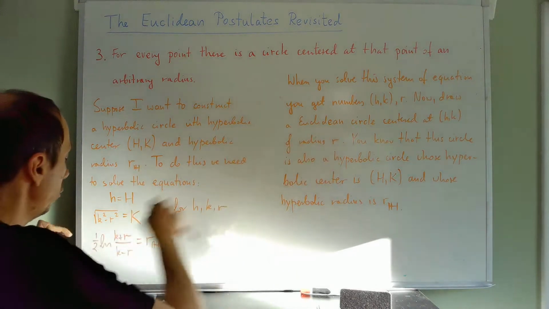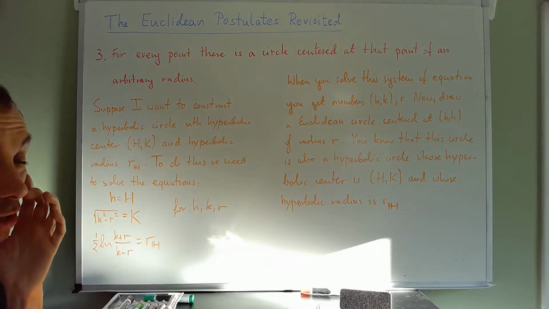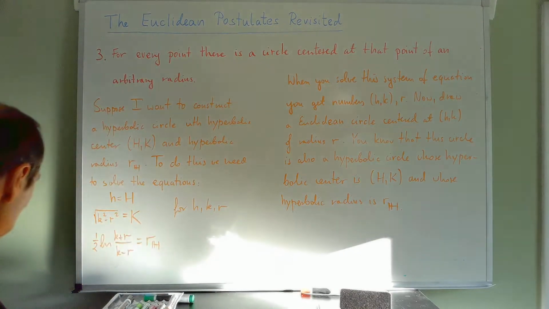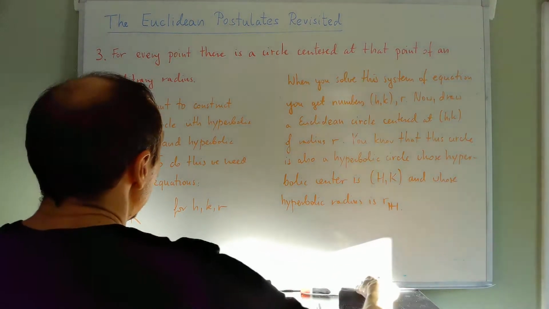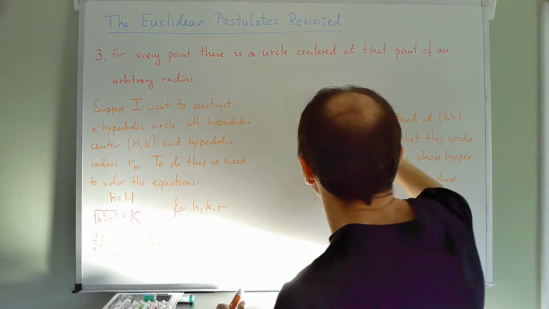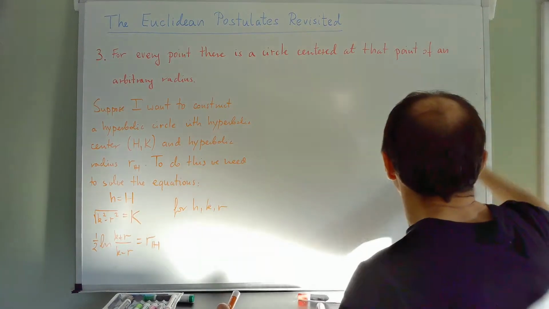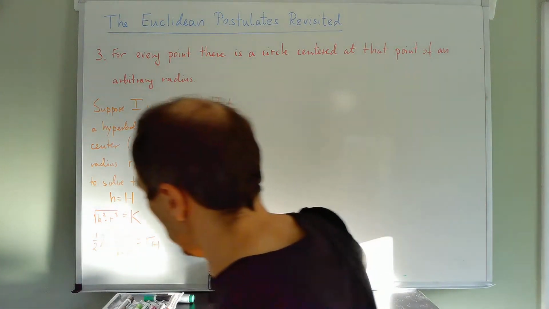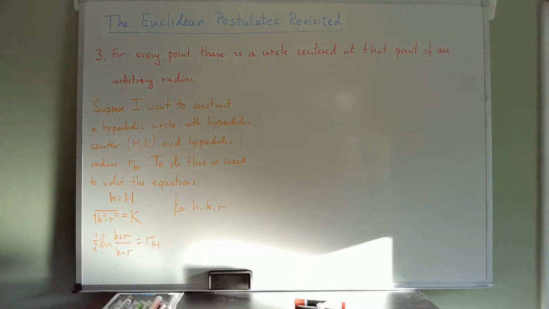And what's the hyperbolic radius? It's this. So it's exactly what you wanted. The question is now, do these equations have a solution? And the answer is yes. I am not going to derive the solution here.